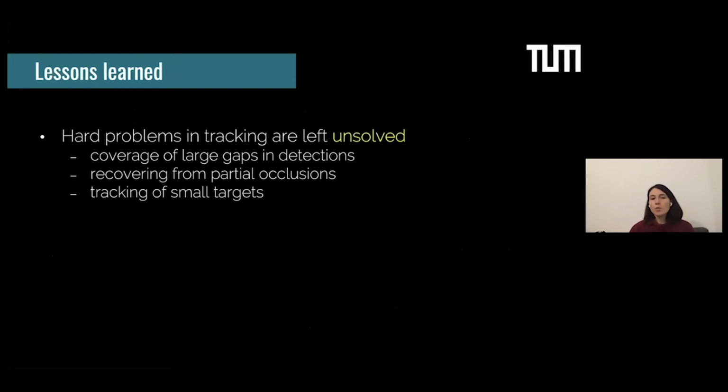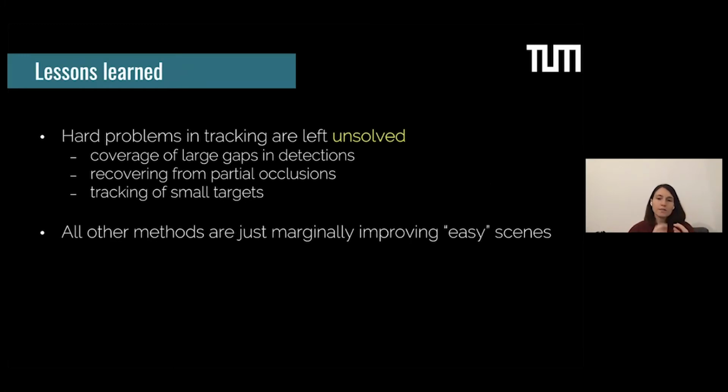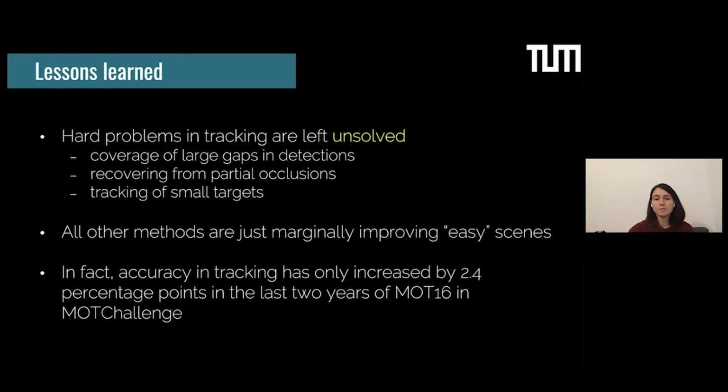So basically what we found out in our work is that the hard problems in tracking, so the coverage of large gaps in detections, recovering from partial occlusions, even if these occlusions are short, or tracking small targets, are still left unsolved. Most of the methods are just fighting for these easy scenes and marginally improving them.